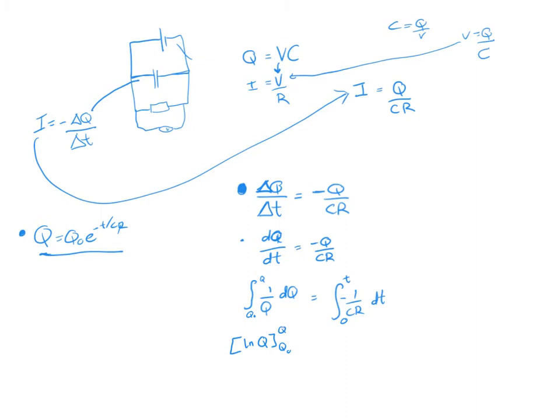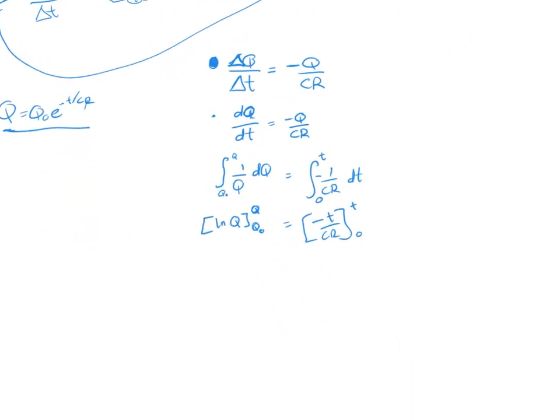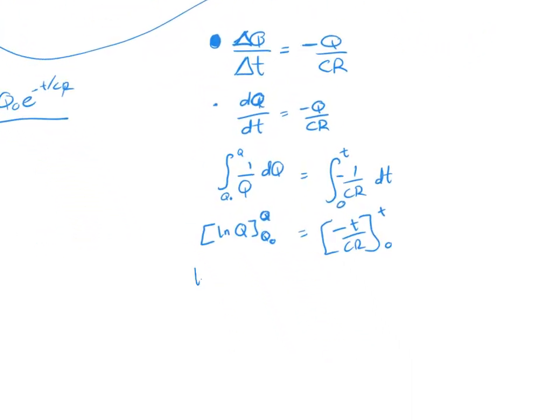So at time t you have charge q, at time 0 you have q naught, and then you have minus t over CR with respect to time there, t and 0. Once you do the quick calculation, that's going to be ln q minus ln q naught.